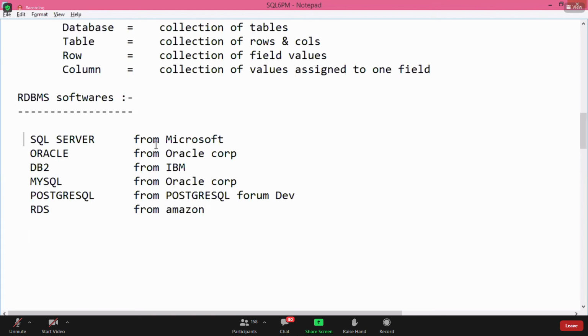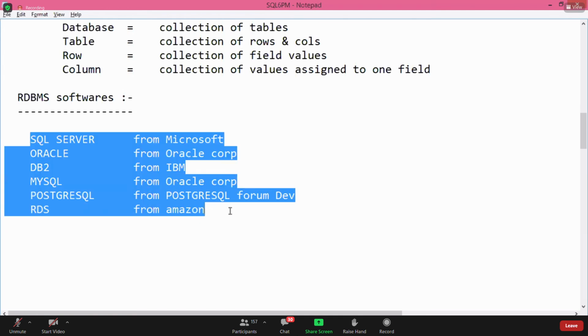If you know SQL Server, then you can work with Oracle also, MySQL, and PostgreSQL. If another company introduces another RDBMS after some years, you can work with that one also. If you know one database, you can work with other databases.